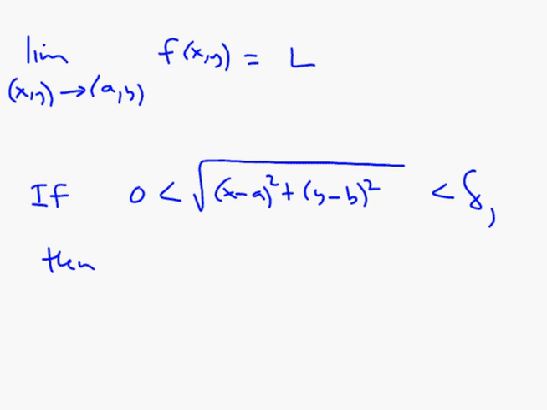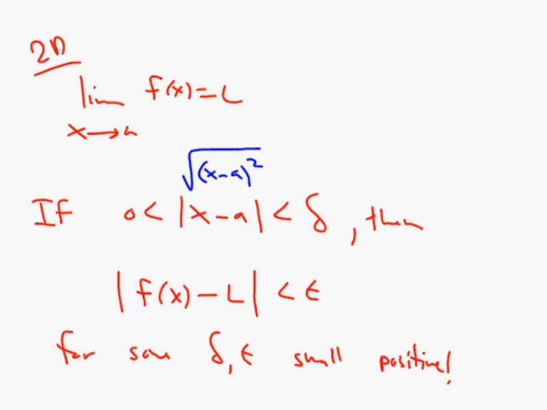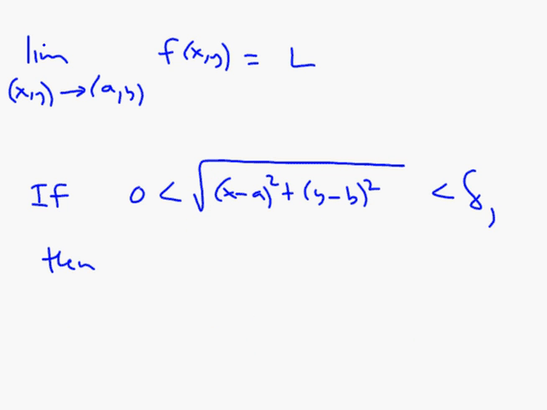Then, see, and that's why in the previous example I went to the trouble of rewriting the absolute value this way, just so you can kind of see. It's analogous, right? When we go into the 3D world and we have two variables that we're plugging into our function, this is how we measure distance between them. We don't write it as absolute value. We write it that way using the distance formula.